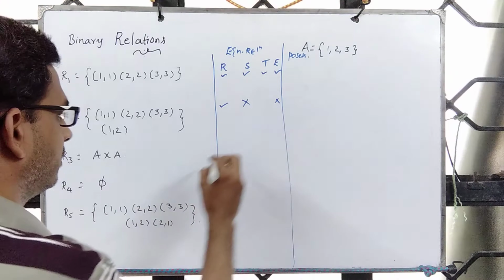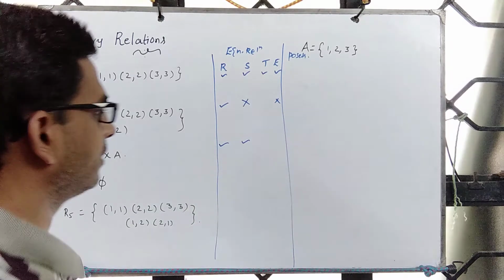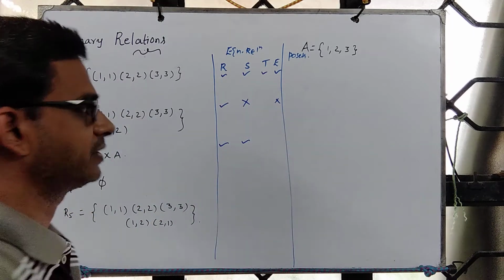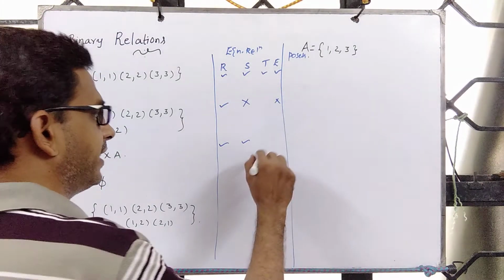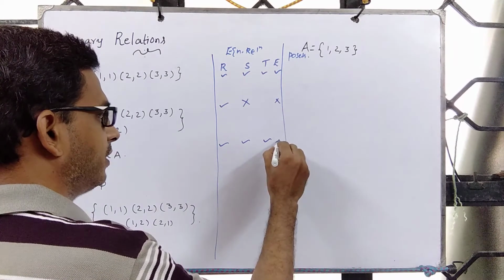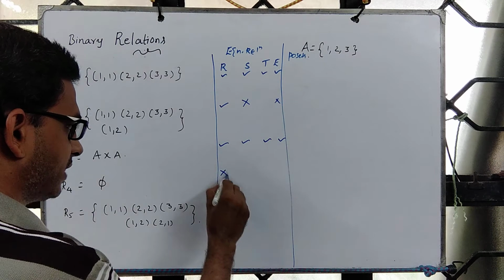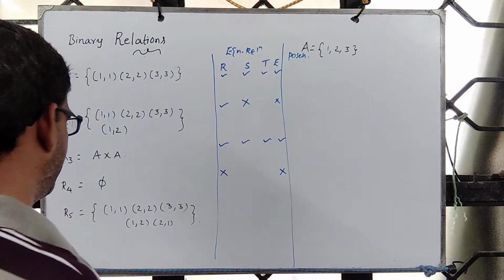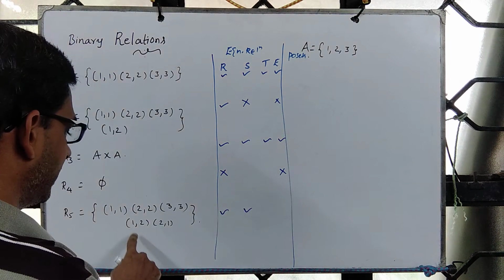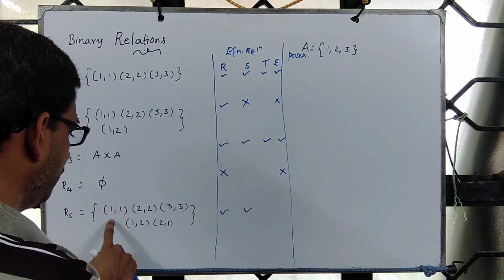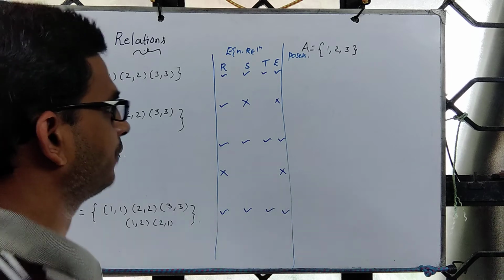A cross A is reflexive, and if you find (a,b), (b,a) will also be present, because this is a universal relation. All possible pairs are present. (a,b), (b,c) implies (a,c), because it's a universal relation, we will find it, therefore it's an equivalence relation. Empty set is not reflexive, therefore it is not an equivalence relation. This one is reflexive, symmetric, transitive. (1,2), (2,1) gives you (1,1), (2,1), (1,2) gives you (2,2). It is transitive, therefore it is an equivalence relation.